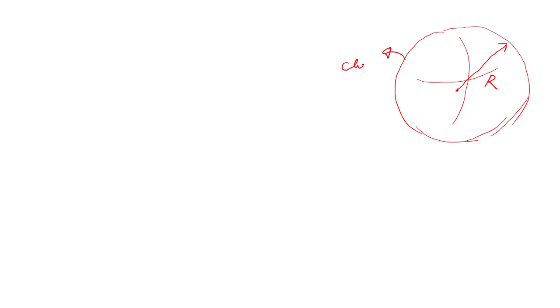The charge is on the surface. And so inside rho is equal to 0, and other than the surface, even outside rho is equal to 0. There's no other charge other than what is on the surface, right?